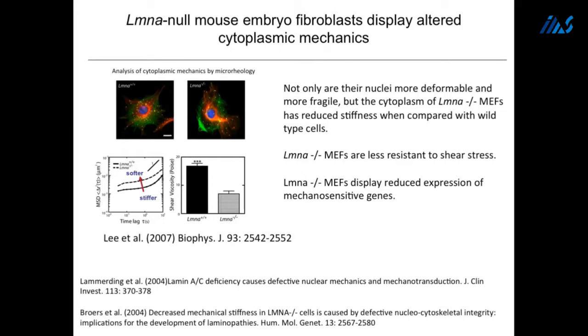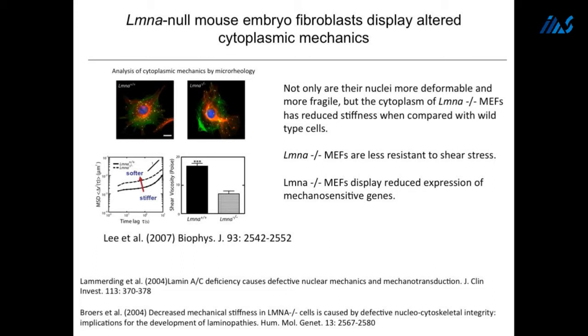However, what is surprising, or what came as at least a big surprise to me, is that not only do these Lmna-null fibroblasts have mechanically unstable nuclei, it turns out that their cytoplasm also has altered mechanical properties. So this is taken from a paper from Denny Wirtz's lab, who were able to show using microrheology that the cytoplasm of these Lmna-null cells is actually softer.